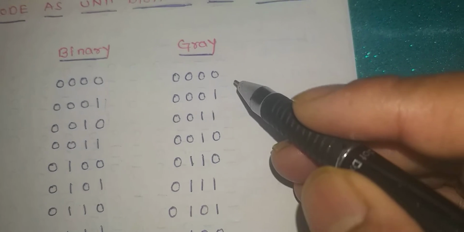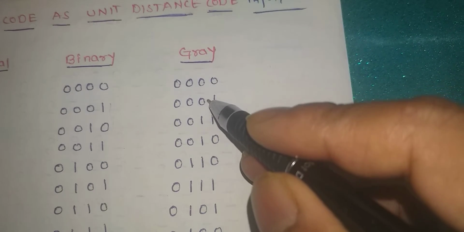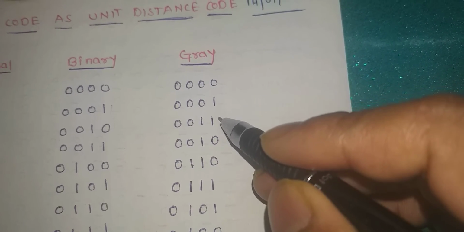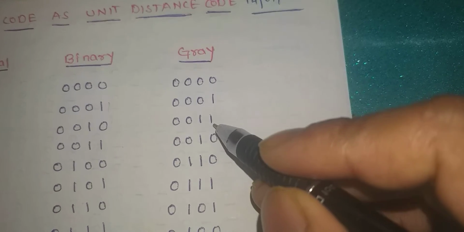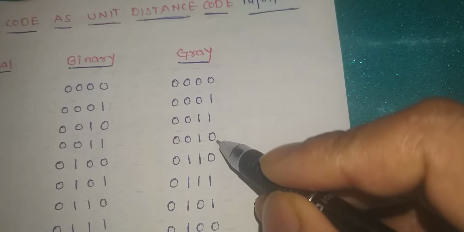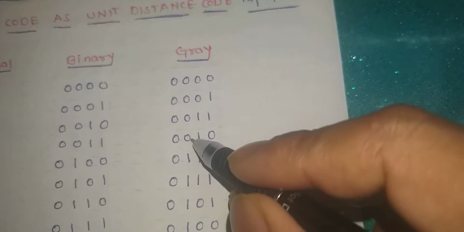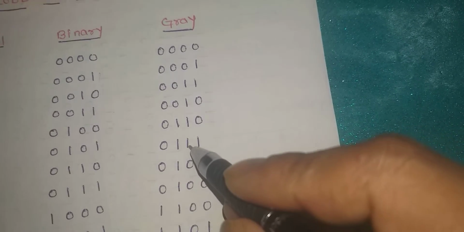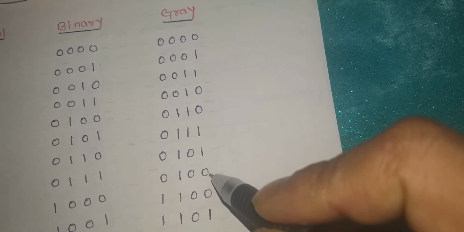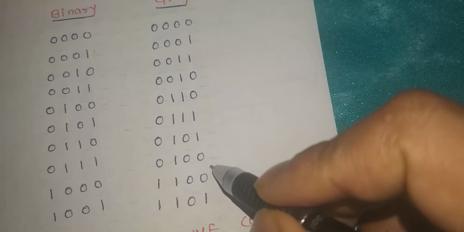But in gray code, by comparing each pair of successive codes, only 1 bit is changed every time.